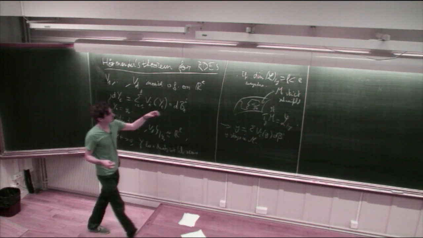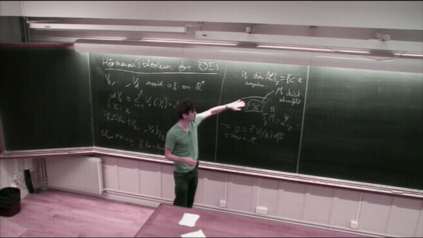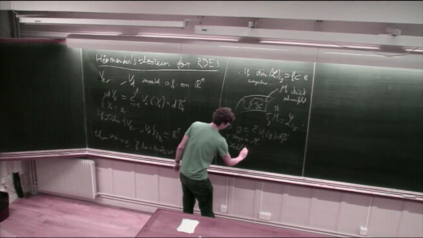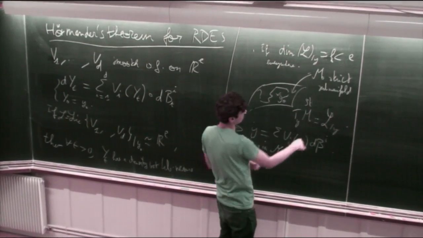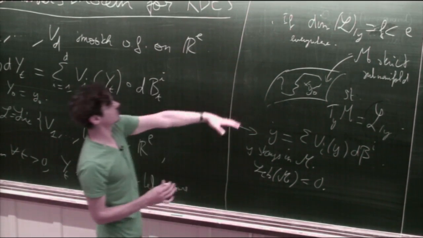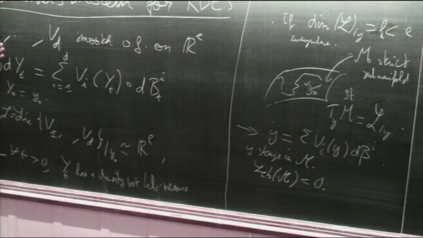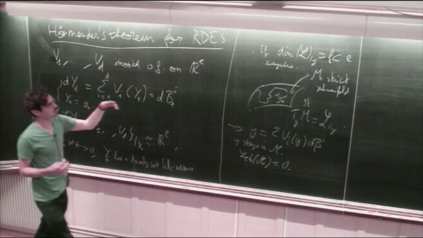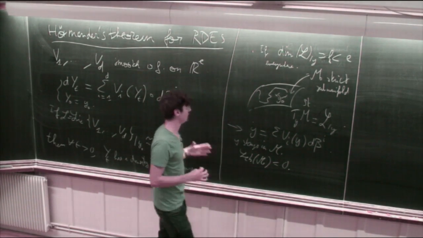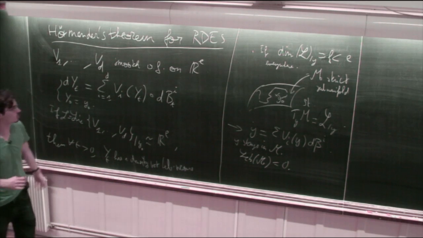But here, it's clear that with positive probability, you will stay in this set, and the Lebesgue measure of M, since it has strictly smaller dimension, is clearly 0. This is of course the other direction, but it shows why it's quite natural to have this condition: if it would not hold, you certainly don't expect something like this to be true.